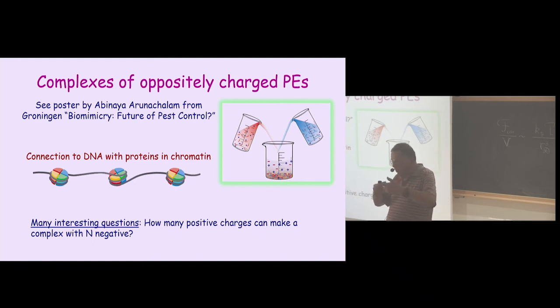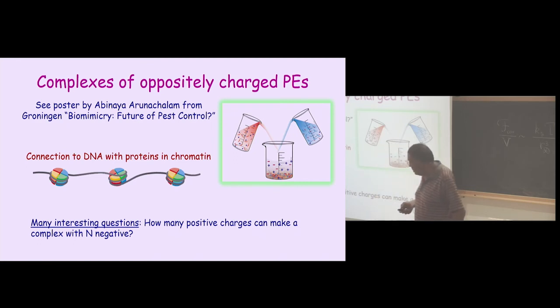For instance, if you have a 1,000-charge positive chain, you can make a complex, obviously, with two negatives of 500 each. That's pretty obvious. But if you have 1,000 positives and two negatives with 600 each, will you make something that overall has positive charge, or will you not?